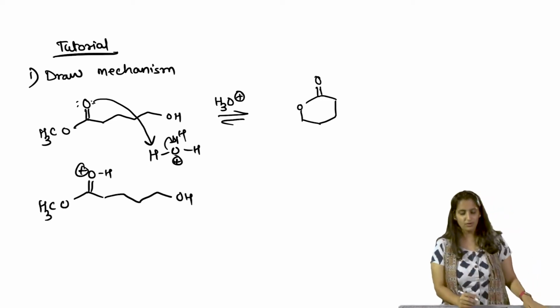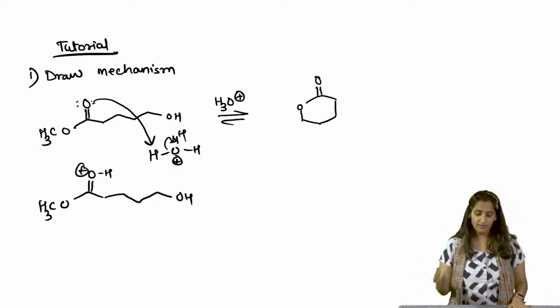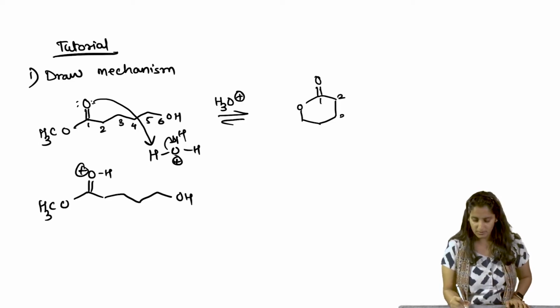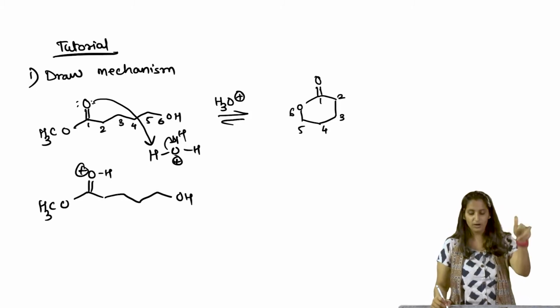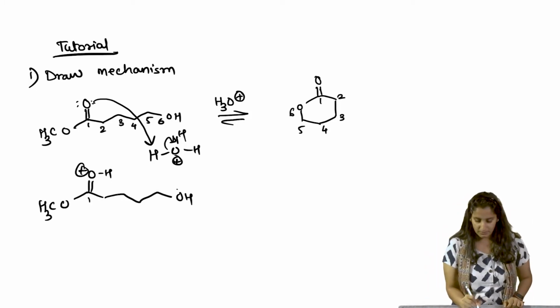Now, remember that we want to form this 6-membered ring, and whenever we are writing a mechanism, it is always good to write down the numbers on your molecule. So, if I see that, I see 1, 2, 3, 4, 5 and 6, the 6th is the oxygen which is going to come and attack on carbon number 1, and that is my carbon number 1 here.